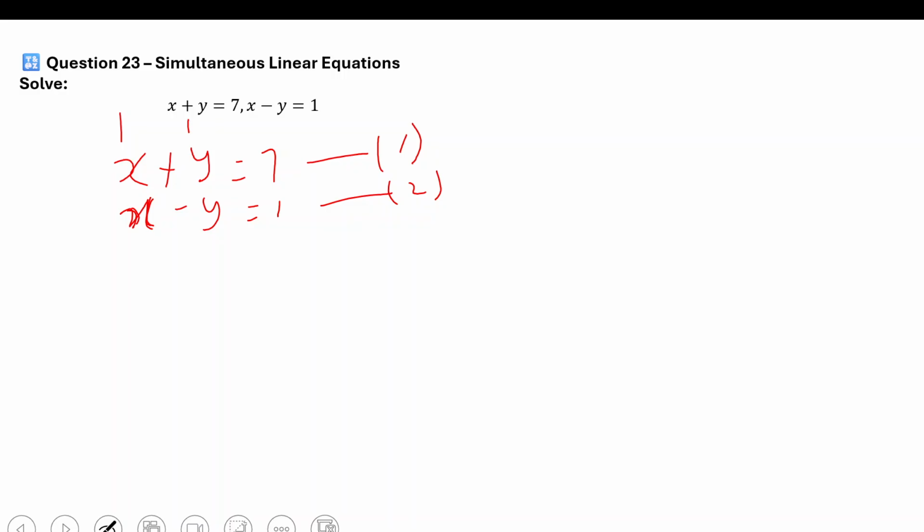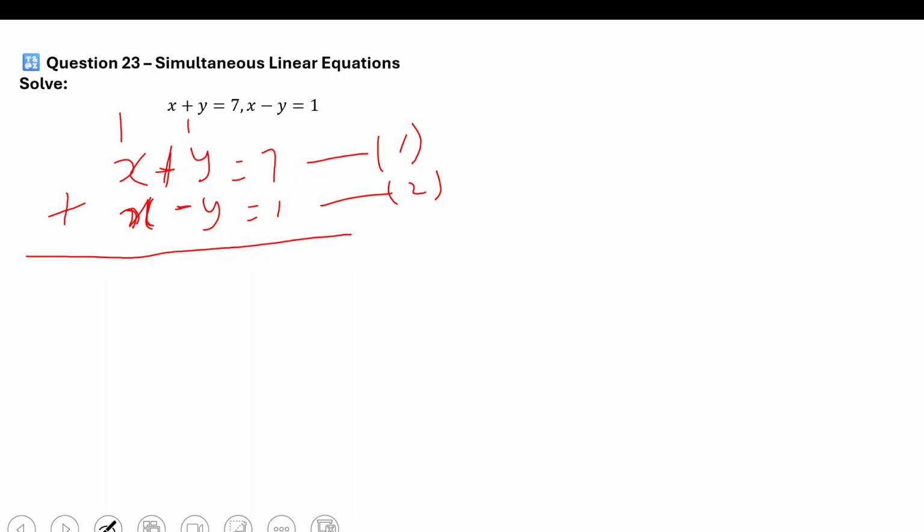Okay, so I'm going to look for an operation that I will operate on 1 and 2 to remove one of the variables. So if I look at y, I see a plus y, a minus y. So if I put a plus outside here, meaning that I'm going to be adding 1 and 2, then y will disappear.